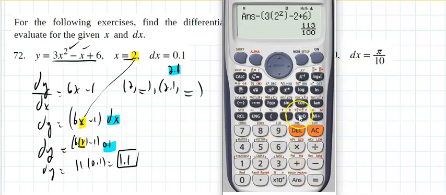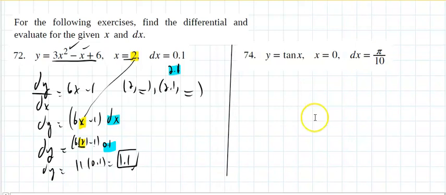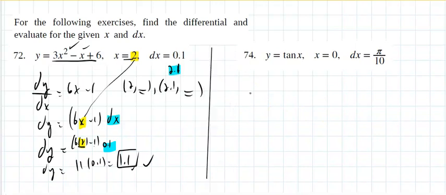Hopefully I didn't mess up on any of those. It's 1.13 and I'm approximating that to be 1.1, so I'm off by 0.03, and that's a very good approximation. Now, why is that? Because this I could do by hand, really simple. Figuring this out is going to take time.